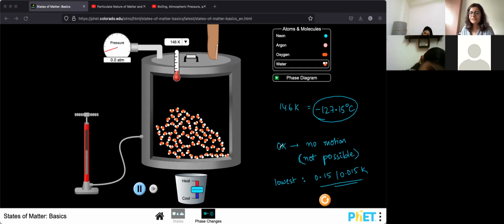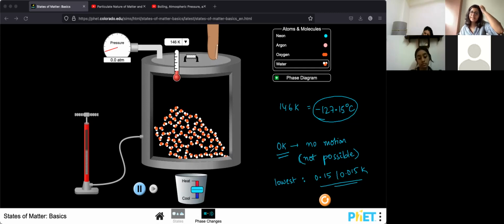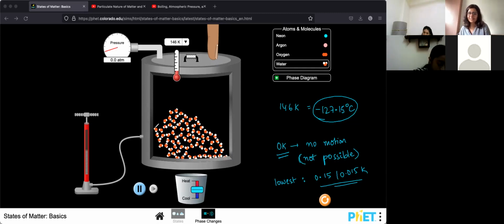So why is 0 Kelvin temperature not possible? Because at that point it would mean that all the particles would stop moving. And also there's a relation between temperature and volume. At this temperature, volume should technically become 0, but obviously it won't be 0 because atoms, molecules are still existing.